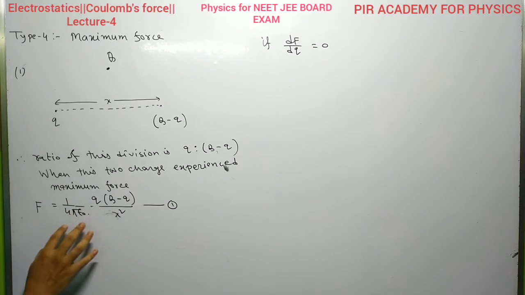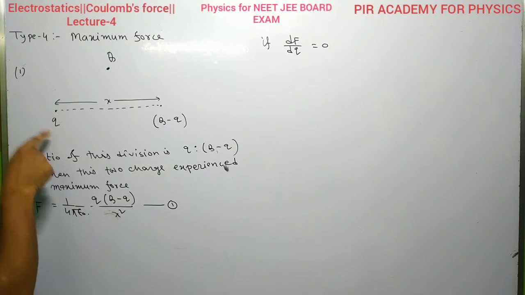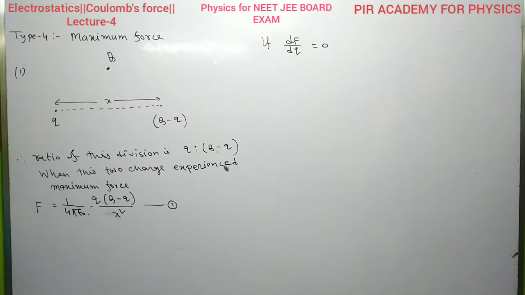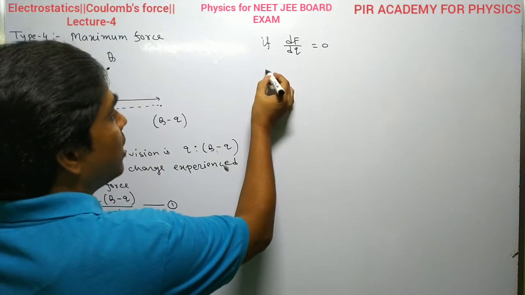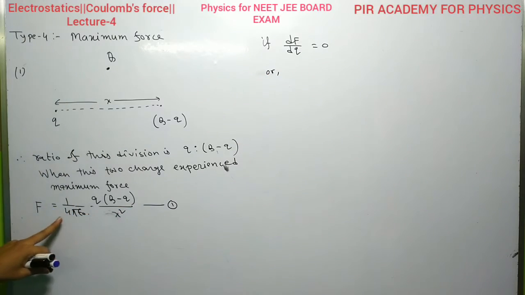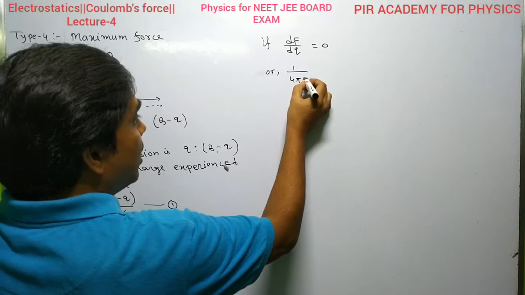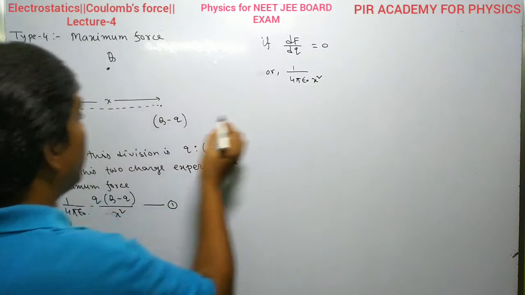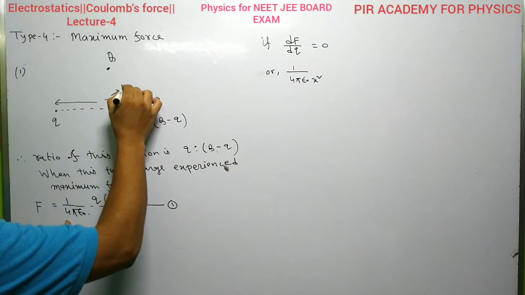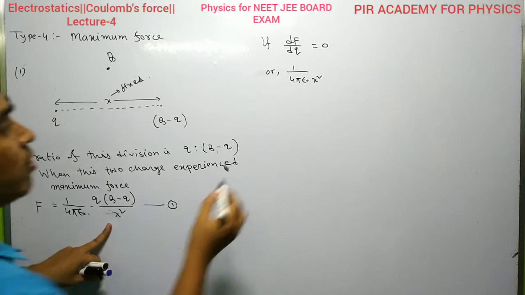So you have to differentiate the force with respect to q, because q is variable. Here 1 by 4 pi epsilon naught x square is fixed.